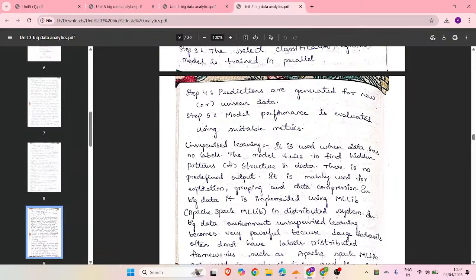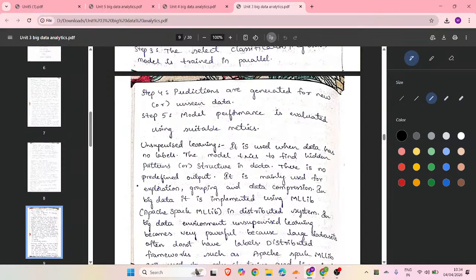Such type of data is called labeled data. But if that is not in order, then we call it unlabeled data. Here the model tries to find hidden patterns or structure in data. There is no predefined output. That is the main thing you need to mention from an exam point of view. It is mainly used for exploration, grouping, and data compression.